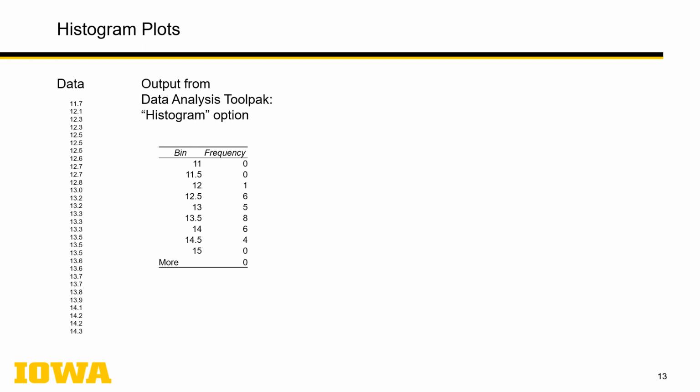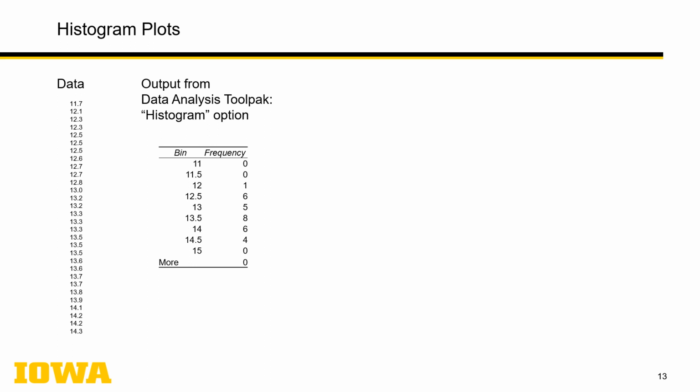So we can go now to one of the uses of the data analysis tool pack, which has a histogram option, which does the hard work of collecting all the values, the number of values within a certain range. For example, there are no values between 11.5 and 11, so it gives it a 0. Between 12 and 11.5, there is a value, so that's given a value of 1, etc. So that puts the frequency associated with the bins for you automatically.